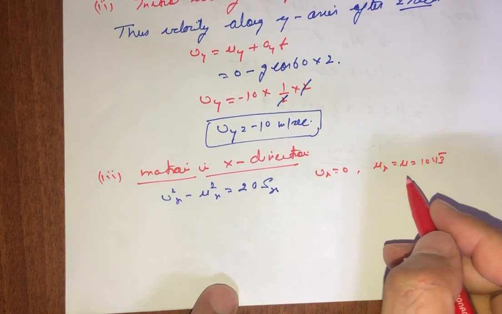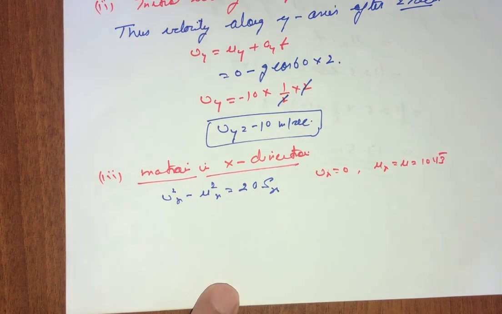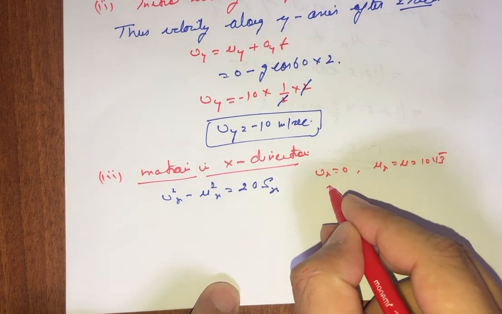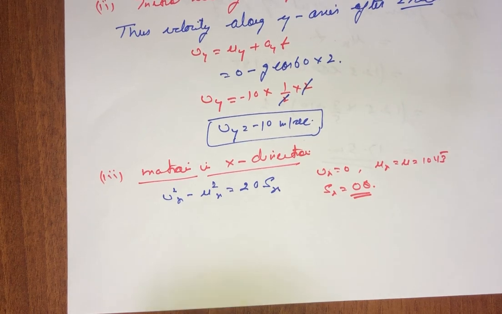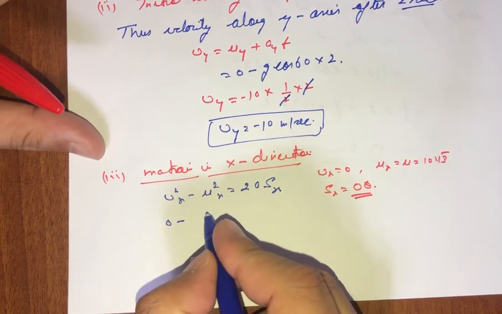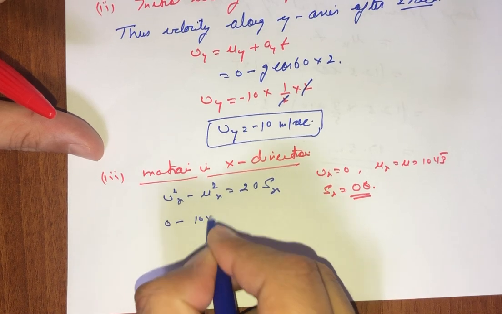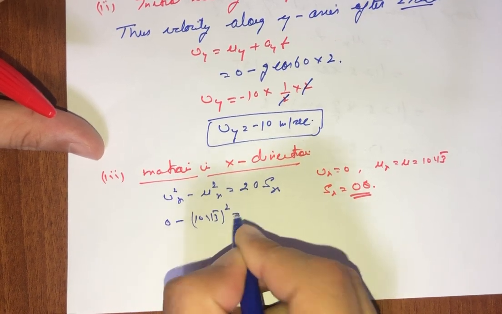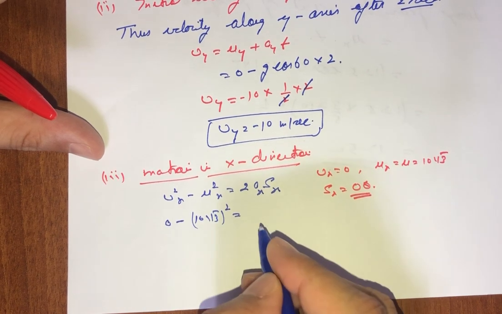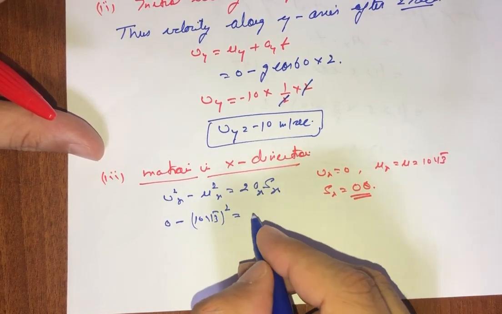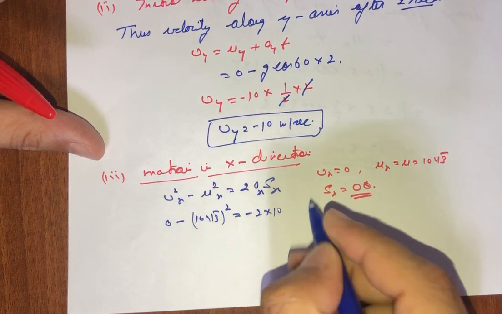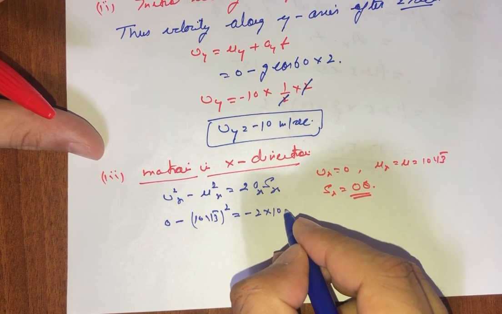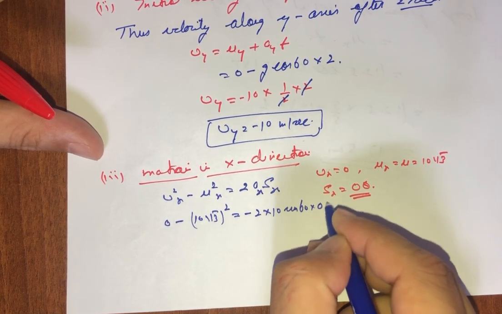And s of x is nothing but our OQ. S of x is equal to OQ. So we put the values, we get 0 minus 10 root 3 whole square, sorry this is x, and we get a of x as minus, this is 2 into 10 sine 60 into OQ.